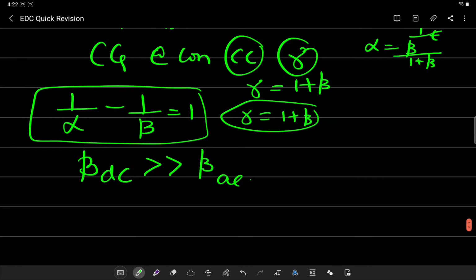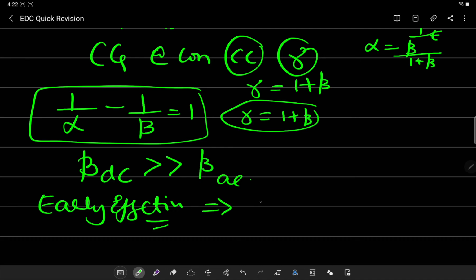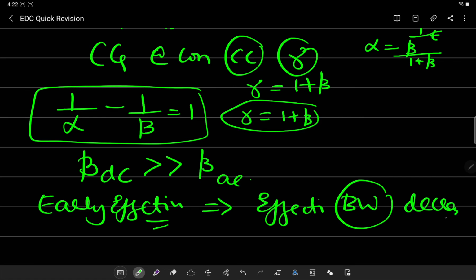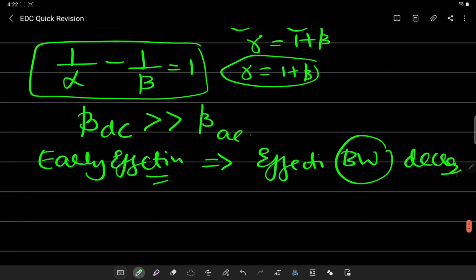So there is a concept called early effect. Because of this, the effective base width will be decreasing. So what exactly is early effect?